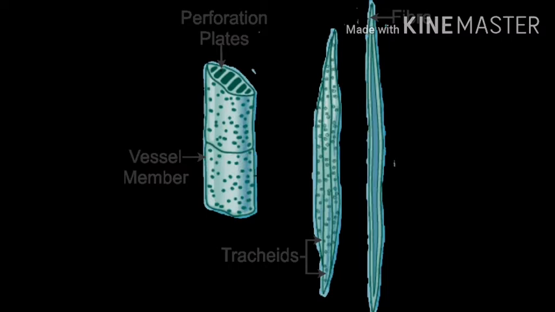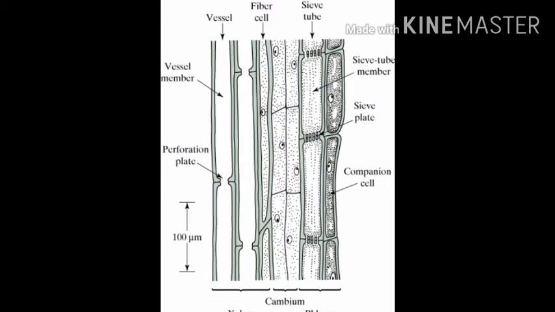If the distance between the roots of the plant and the leaves is very small, the food and other compounds can be transported by a process like diffusion, whereas in the case of tall trees, how is it possible?